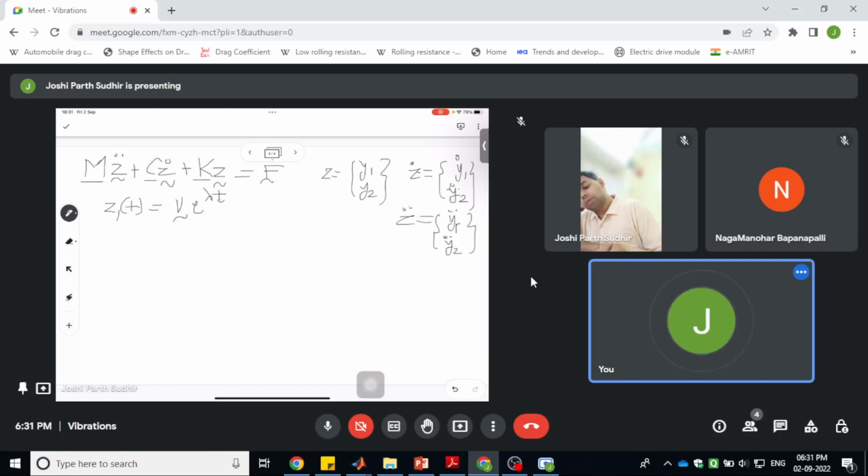So let us say we call it ZH, the solution to the homogeneous differential equation, or what we generally call the complementary function. So that will be basically the response to the homogeneous differential equation.